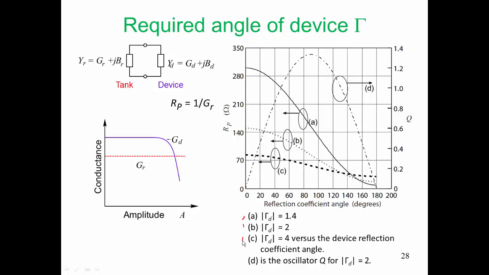And this is saying that our RP for our curve C must be at least 70 something ohms, 75 ohms or so, or 80 ohms, in order for us to have oscillation.